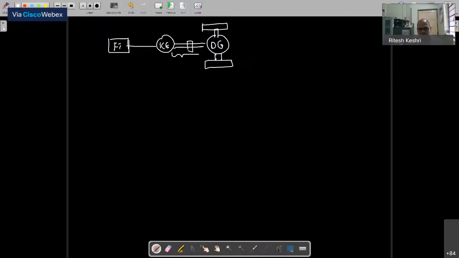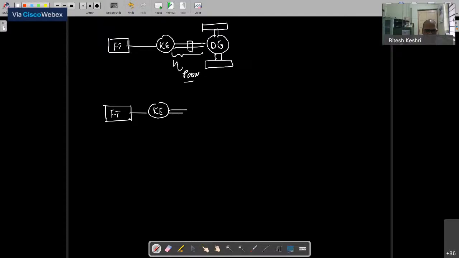The efficiency of this sector is very, very poor. So what can we do then? We can use the fuel tank, and again we have the IC engine.